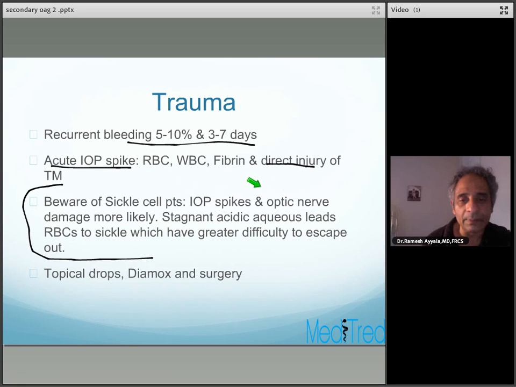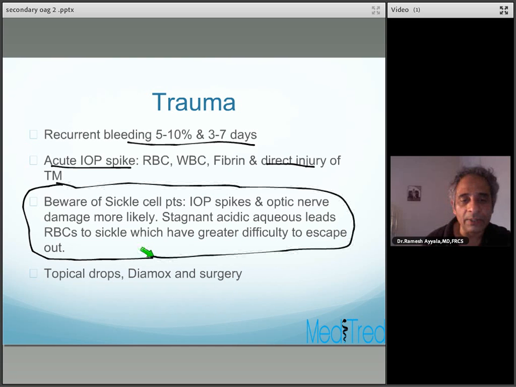So make sure that you ask for the sickle cell status of these patients. For example, in the US, anybody who is of African American descent, or anybody from Mediterranean ancestry, we ask for sickle cell, and we do screen them if the patient himself or herself does not know the sickle cell trait.